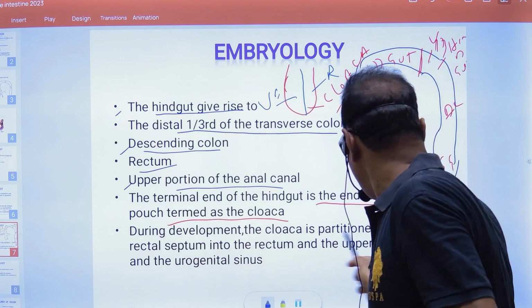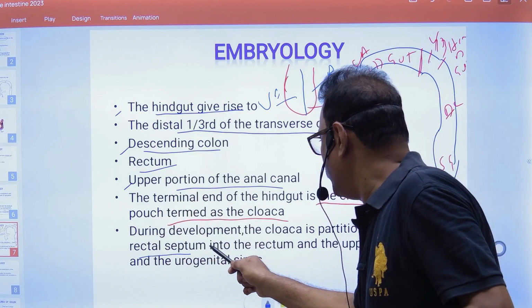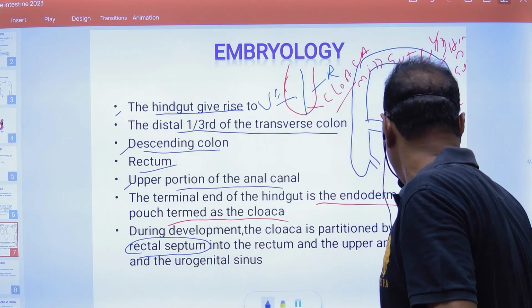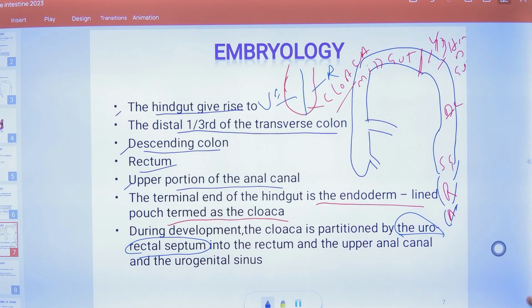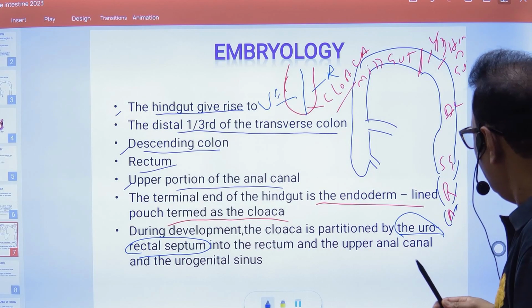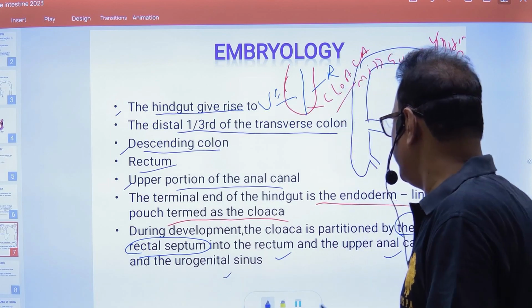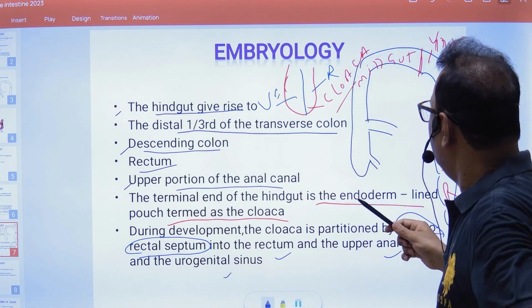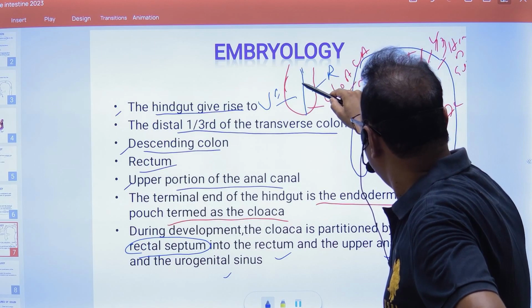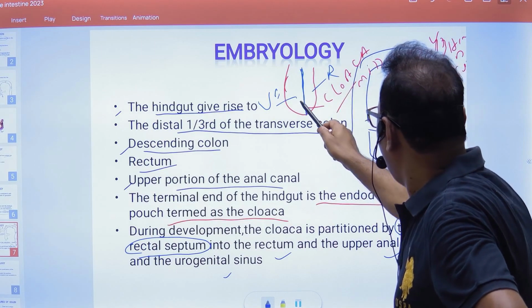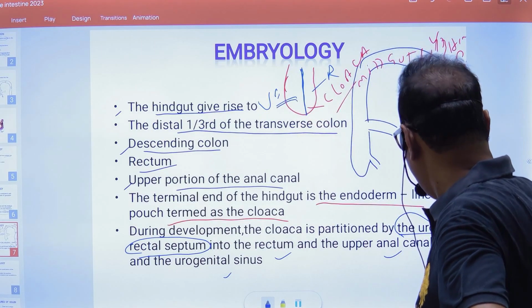The urorectal septum divides this cloaca into two compartments, and we have the rectum and anal canal and the urogenital sinus.